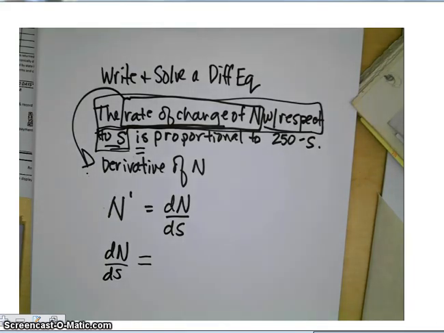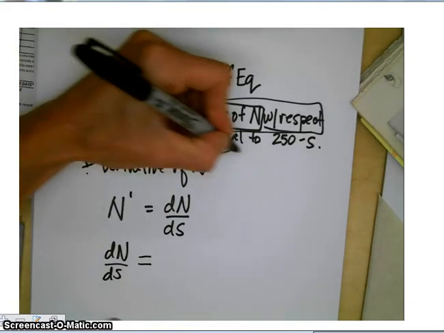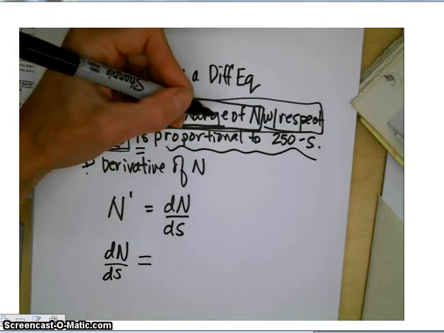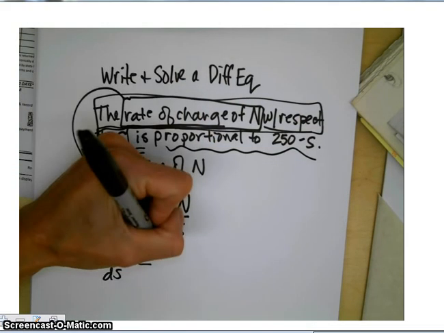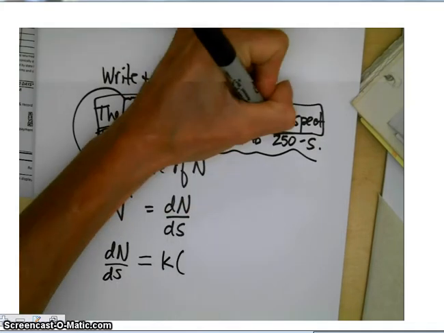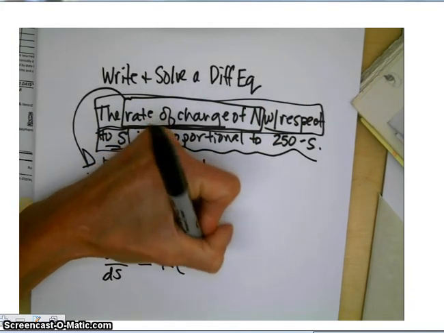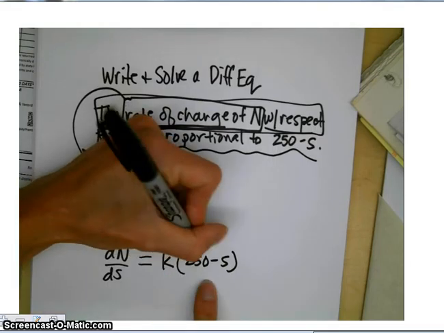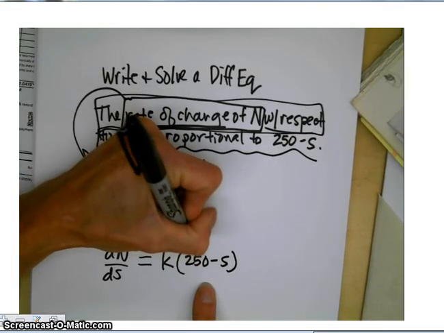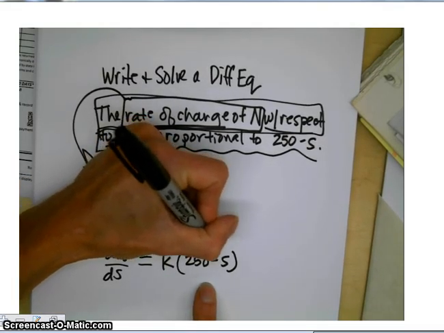Now proportional to, here's how you can write a proportional to. Proportional to means a direct multiplication of some number times whatever they give you here. So this is how you write proportional to.